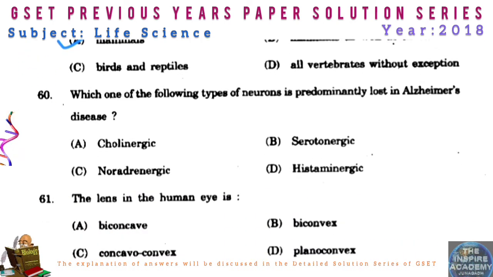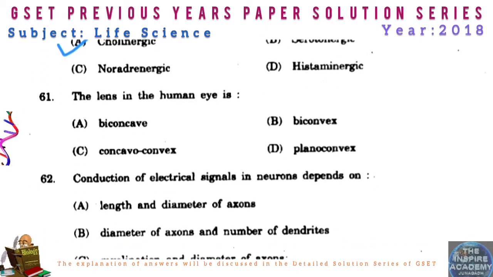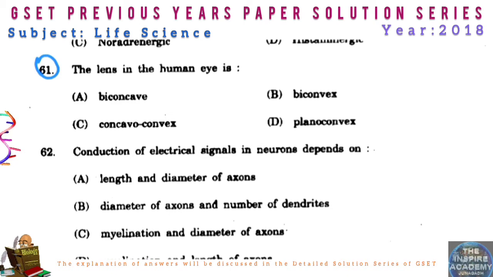Question number 60. Which one of the following types of neurons is predominantly lost in Alzheimer's disease? Cholinergic. Question number 61. The lens in the human eye is option B, biconvex.